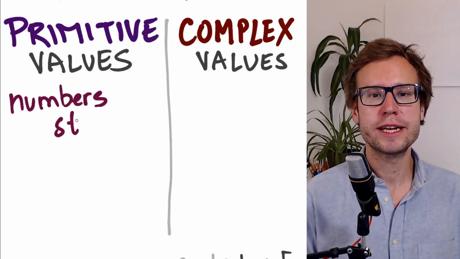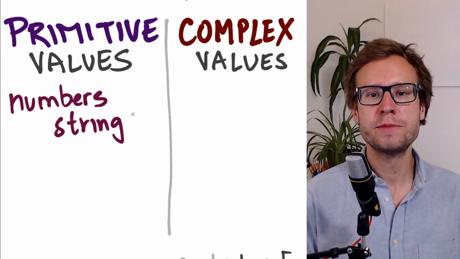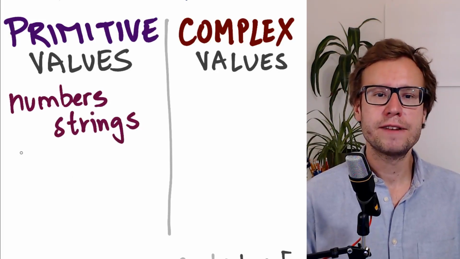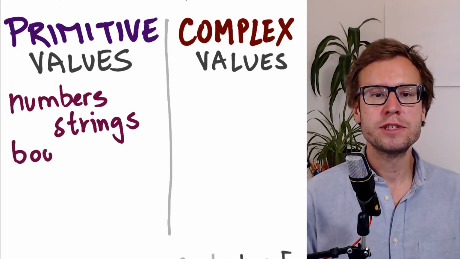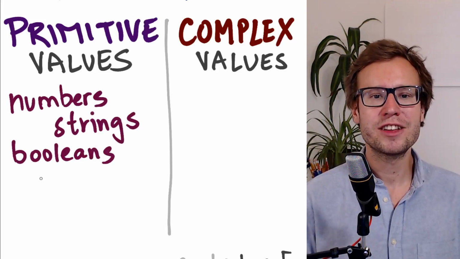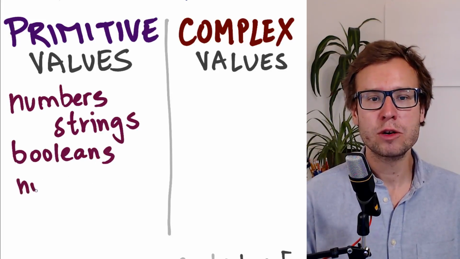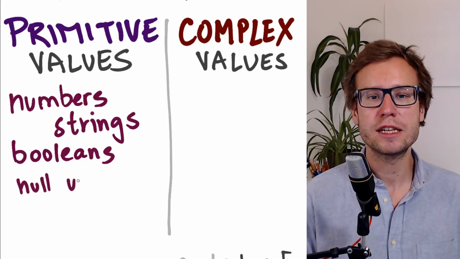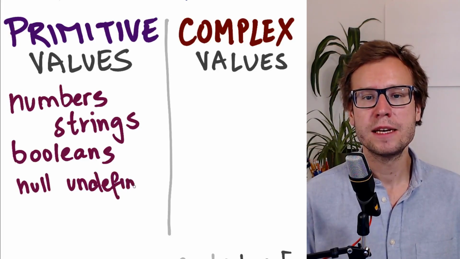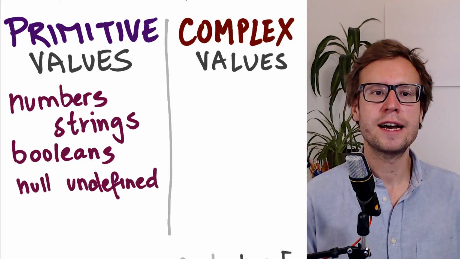We're talking about strings. So these are familiar types of data, right? Very familiar. We use these all the time. Booleans. There's a couple of others that also fall into this category, like the special values, the special constants, you could call them. Null, undefined.